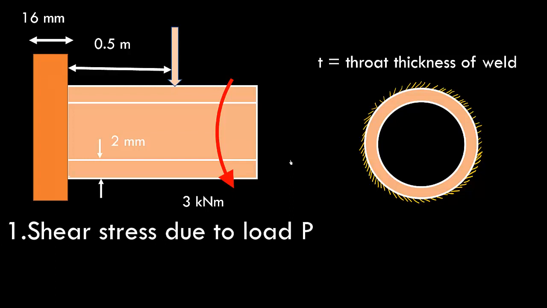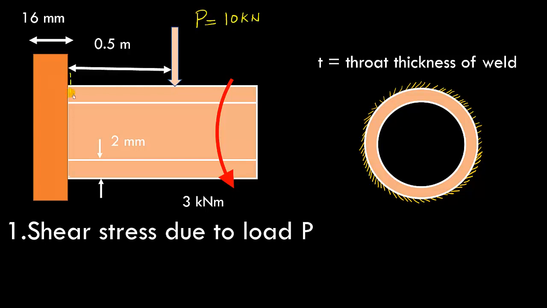So the first stress is shear stress that will be generated by the vertical load, and in this case this is 10 kilonewton. So let's call this load P, that is 10 kilonewton.